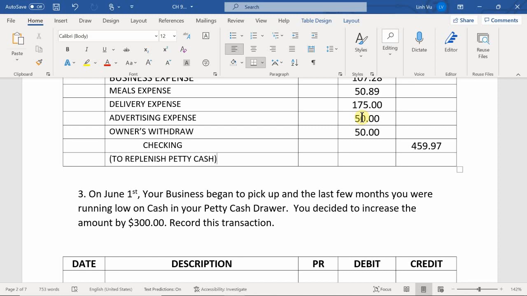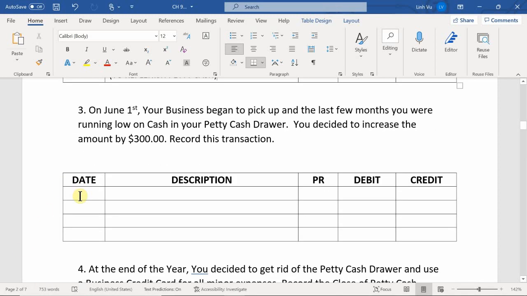Record this transaction. How do I increase my petty cash drawer? If in January I have it currently at $500 and I want to increase it by $300, how do I increase my petty cash drawer?